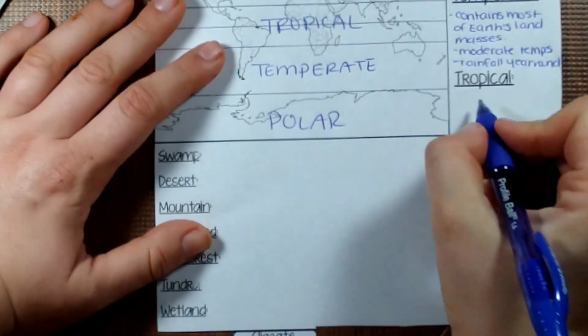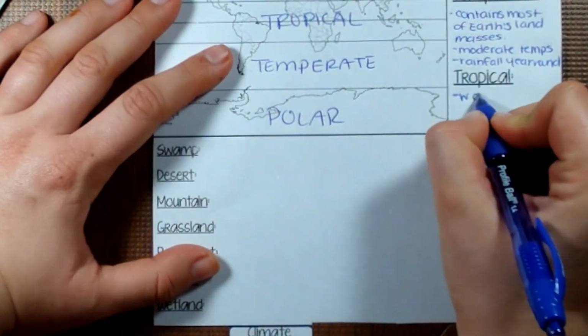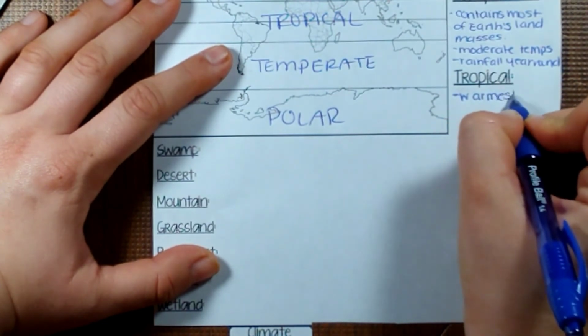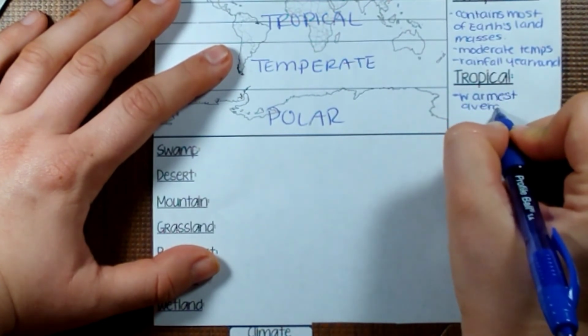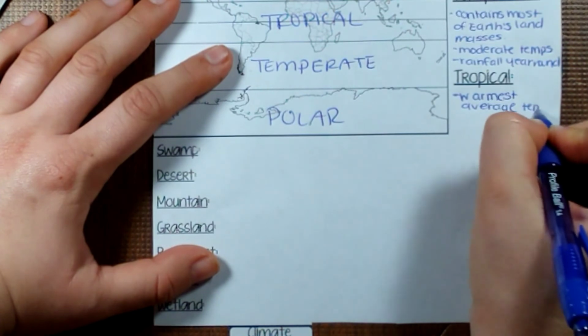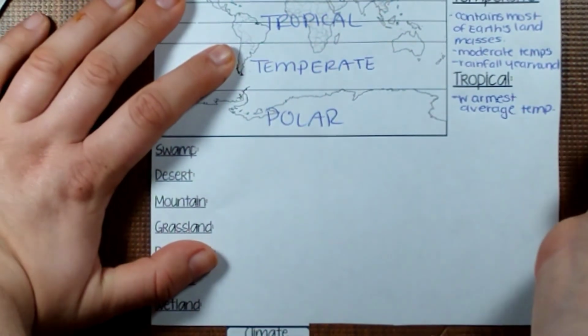Tropical is the warmest average temperatures year-round, and it gets the most rain.